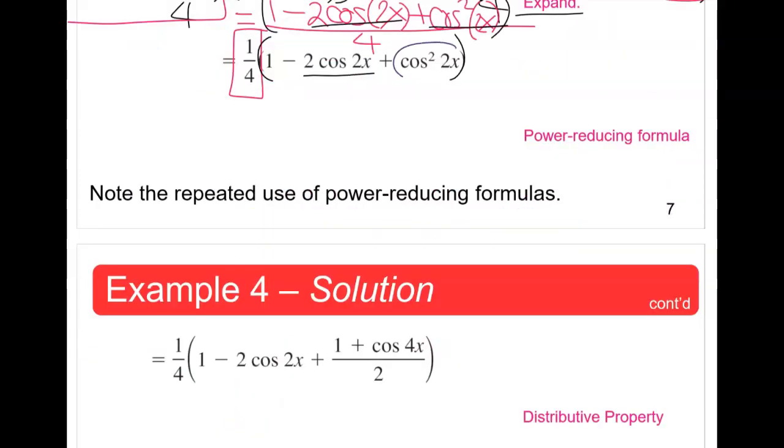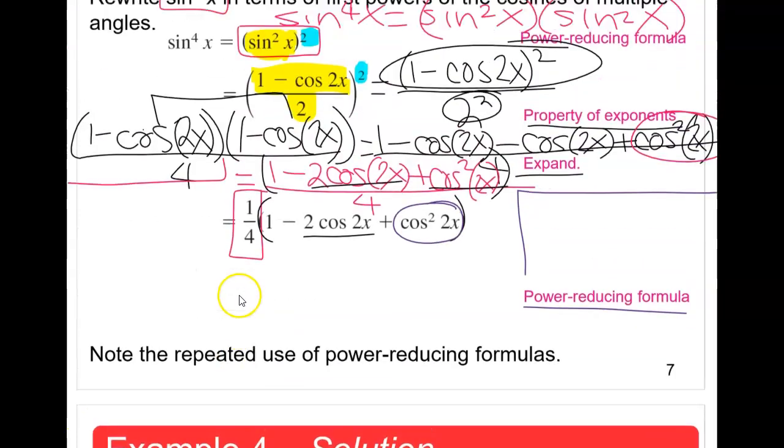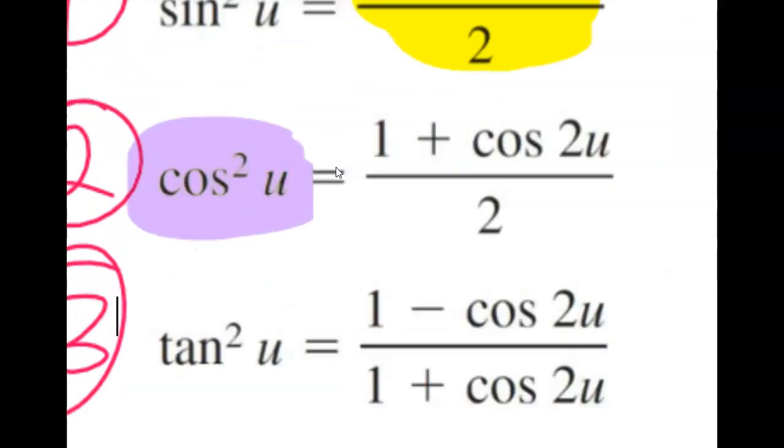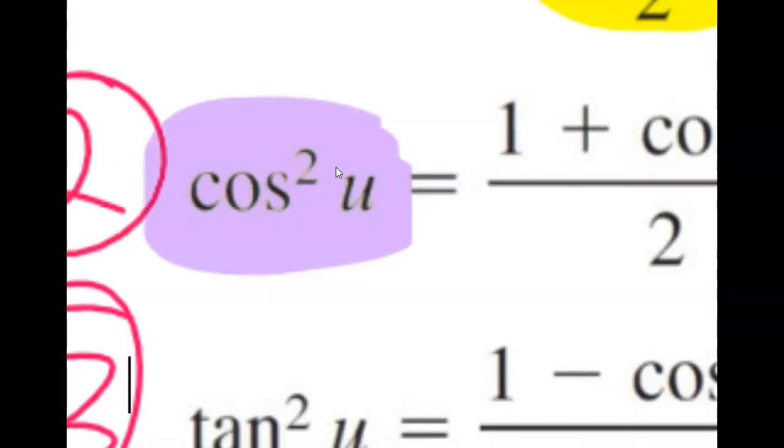Since we have cosine square of 2x, we're going to have to use the power reducing formula one more time. So I'm going to write the formula that we have here. And I want to show you how when we have cosine square u, it does say u and not 2u.